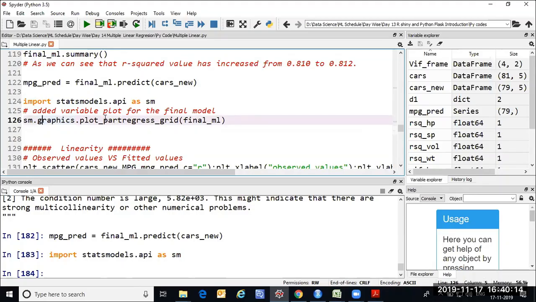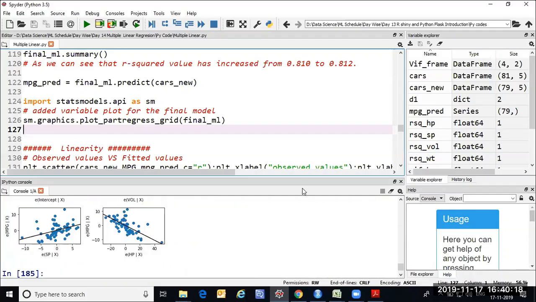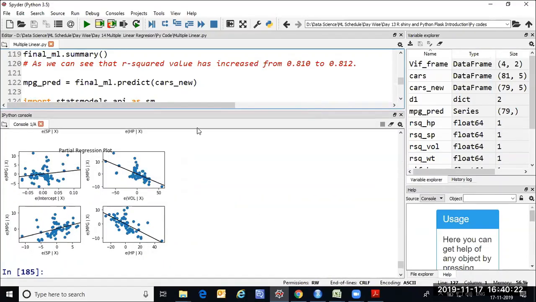This is nothing but added variable plots of the final model. When I remove weight from the equation, see to what extent volume is helping in MPG prediction. The slope is very high. Earlier it was very thin, right?